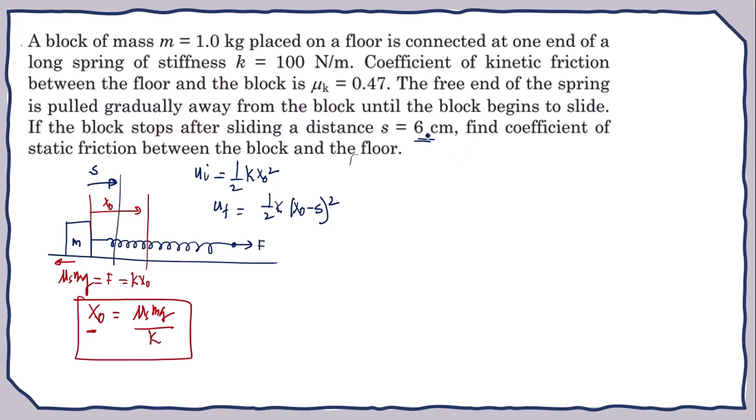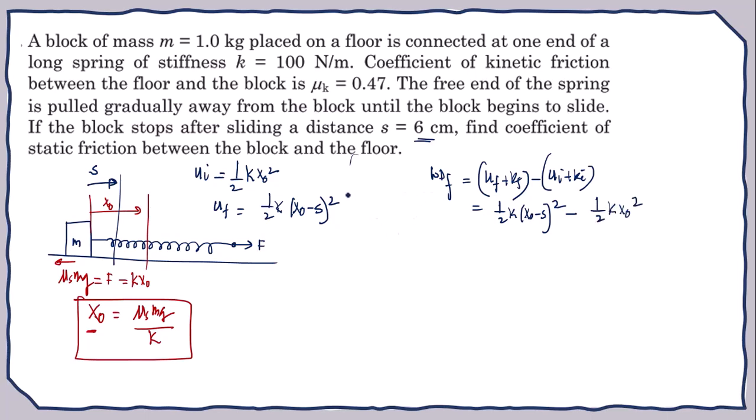If I apply the work energy theorem, the work done by friction equals U final plus K final minus U initial plus K initial. U final is half k into x naught minus s whole square, and U initial is half k into x naught square.